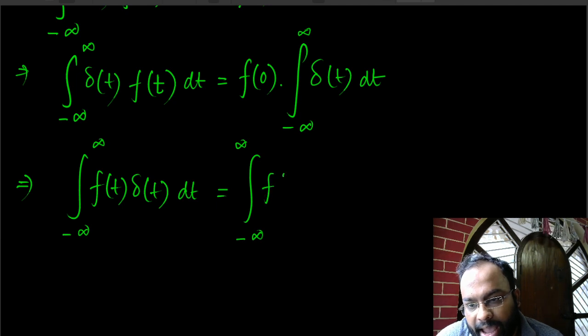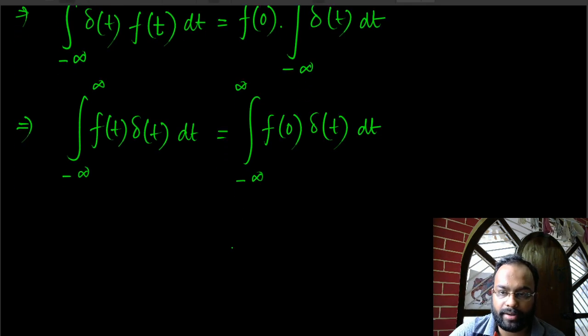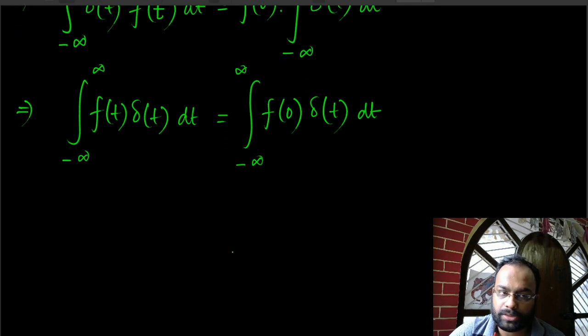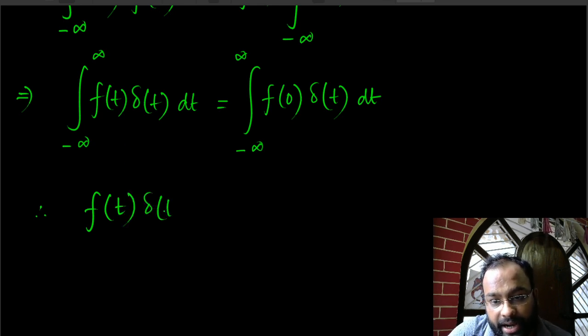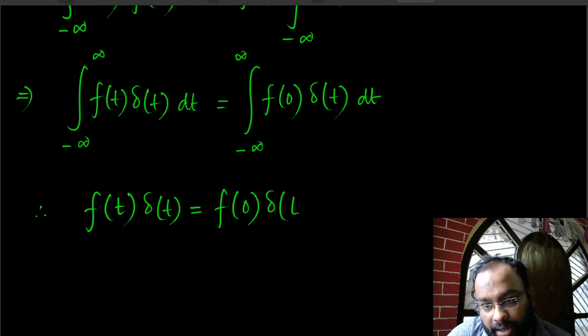So I have integral of f0 delta(t) dt. Therefore, this is valid for any function f(t), and so f(t) delta(t) is equal to f0 delta(t).